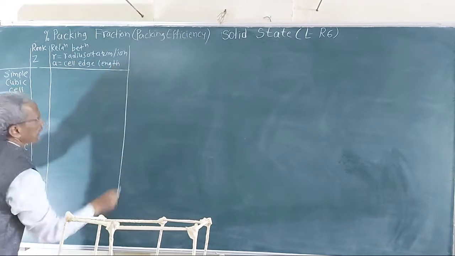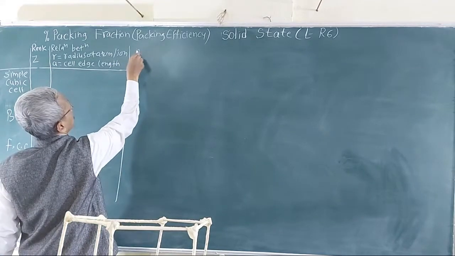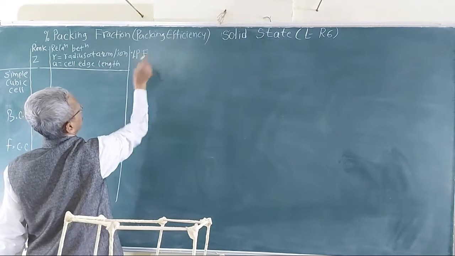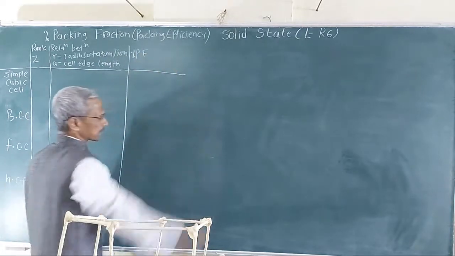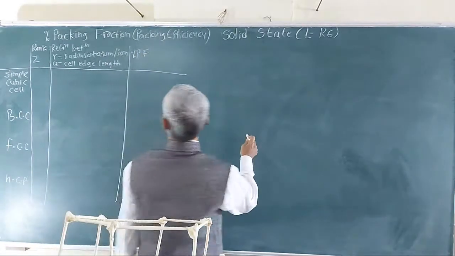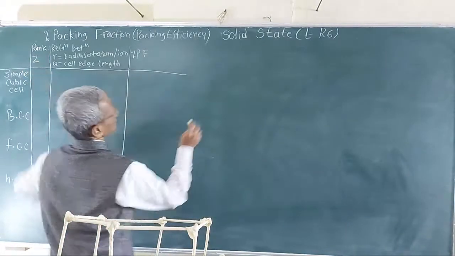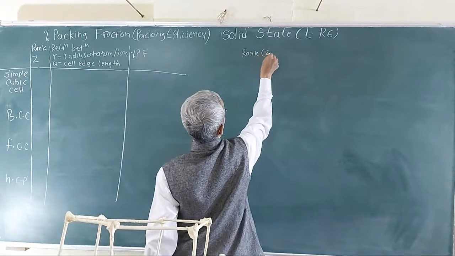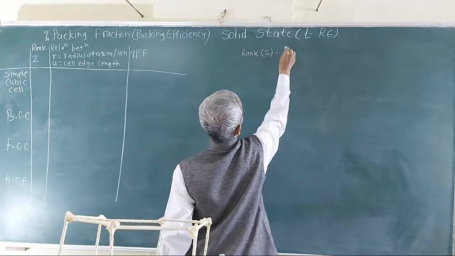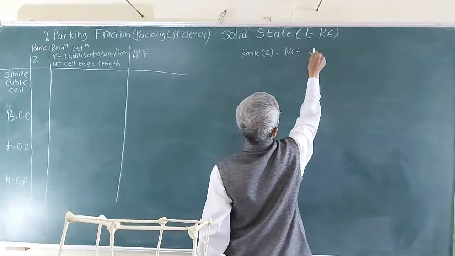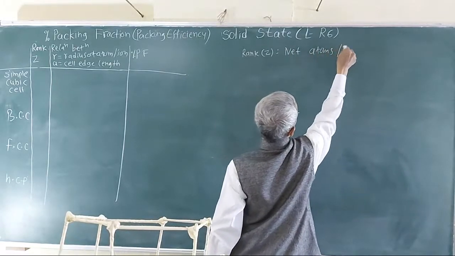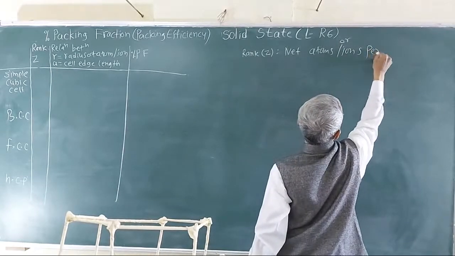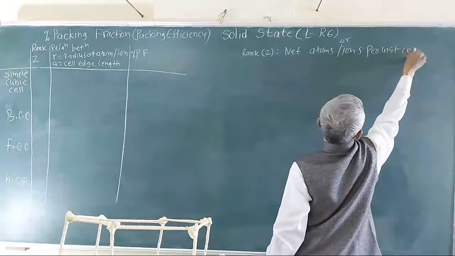Okay, and then the percentage packing, that is the percentage efficiency. Let us consider, what is the rank? The rank is the atoms or ions per unit cell.